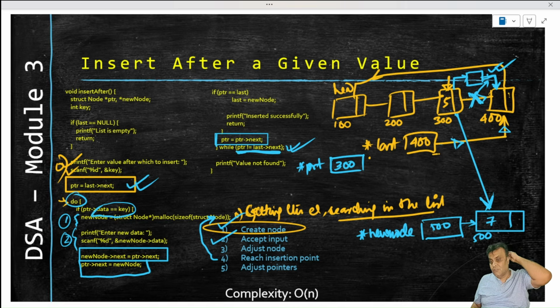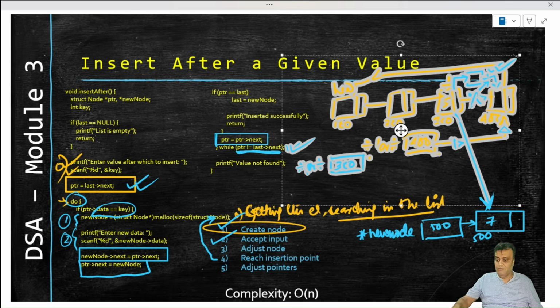So that's all that you have to do. Now when you have done this, this is perfectly fine. This has no changes to last. But remember that if this was the last element where you were inserting, and we will take that example now, I hope you understand here there are only two pointer adjustments. If it is an intermediate element, there are only two pointer adjustments that we have to do.